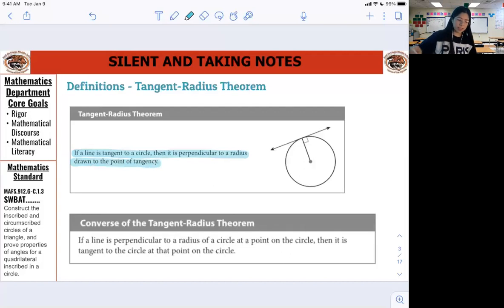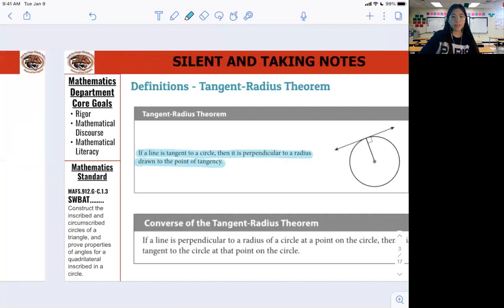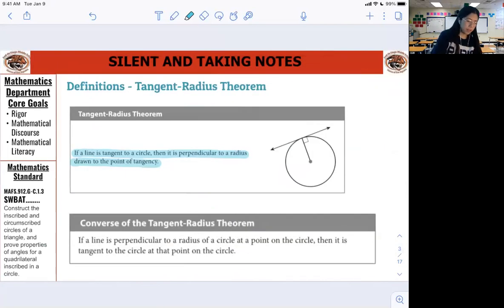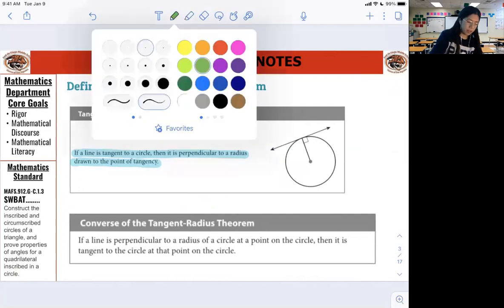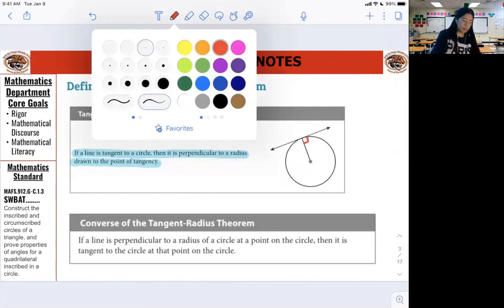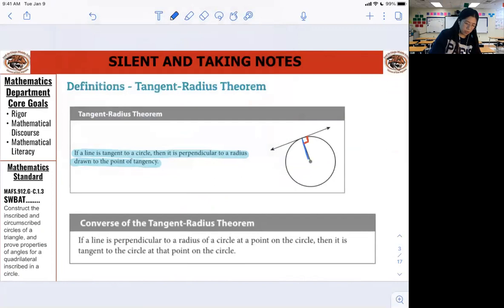Awesome. So exactly what she said. You can copy this onto the same circle you already drew if you want to. What you end up getting is a right angle. It's a right angle when you connect the radius to the tangent line.